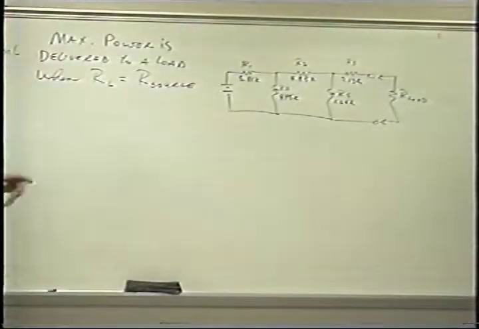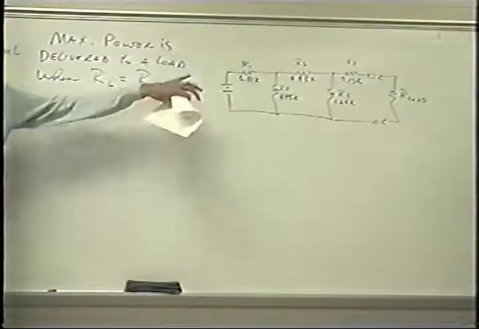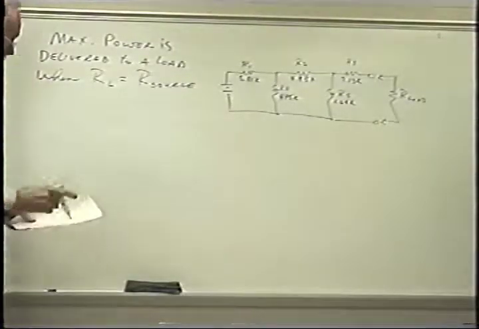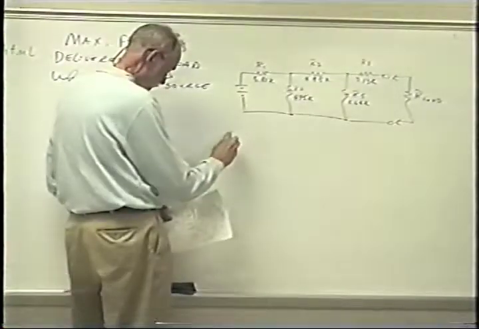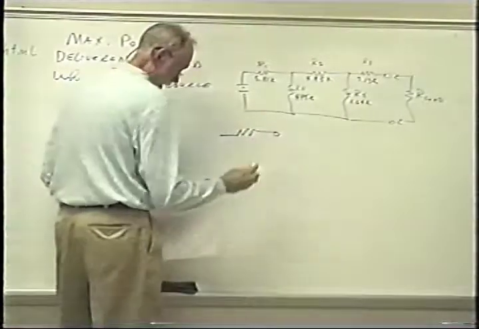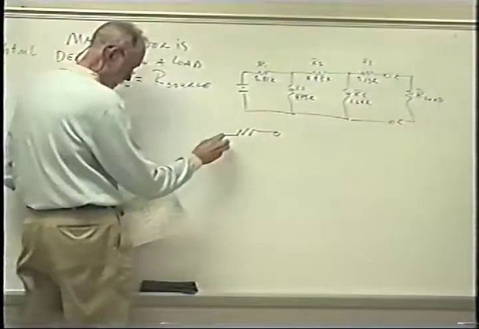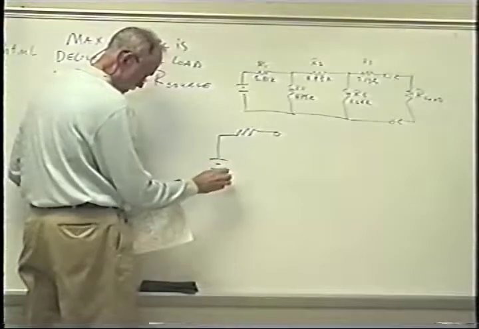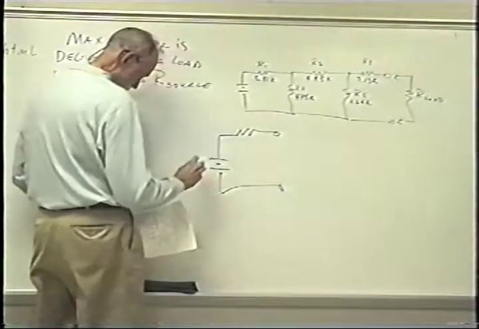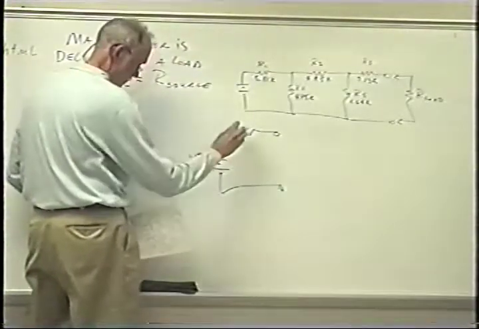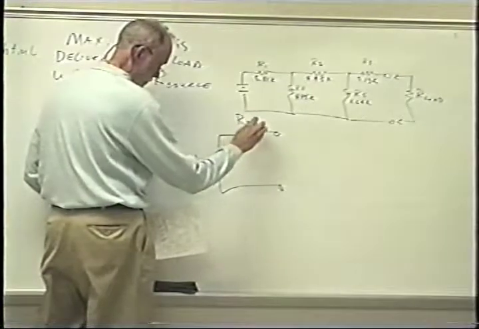Now the first thing we're going to do to our circuit over here is to convert it into a Thevenin equivalent circuit. And that will look, of course, like all Thevenin equivalent circuits look. We have a voltage source in series with a resistor.